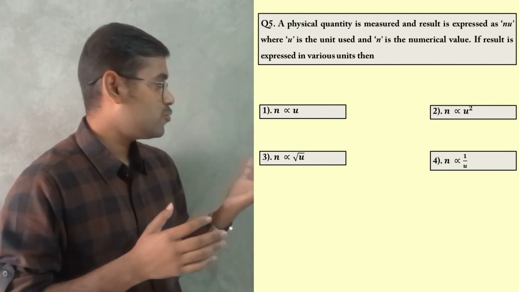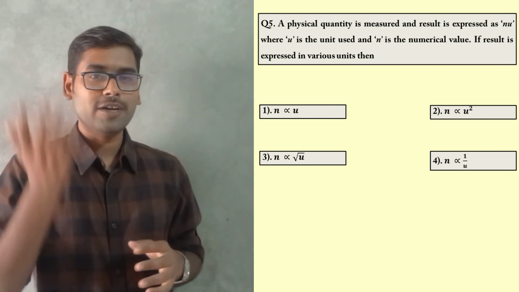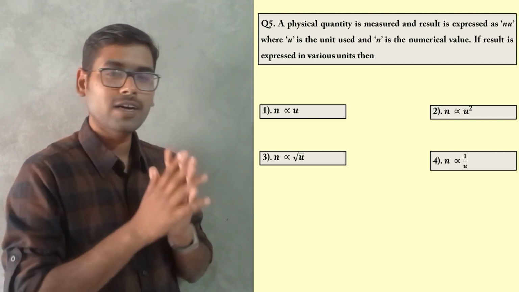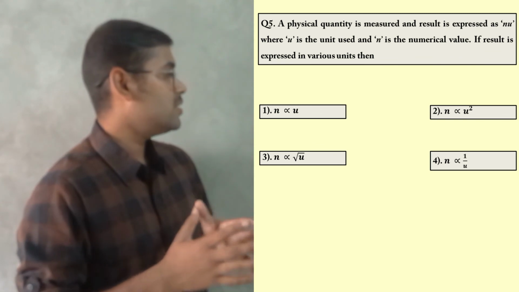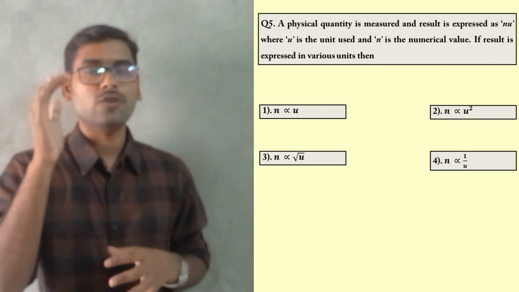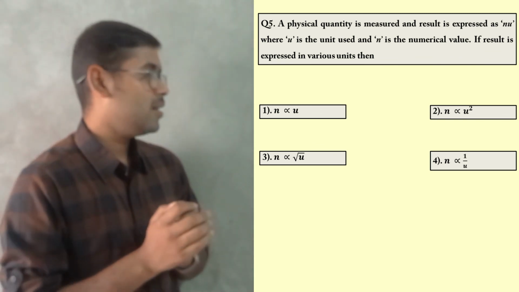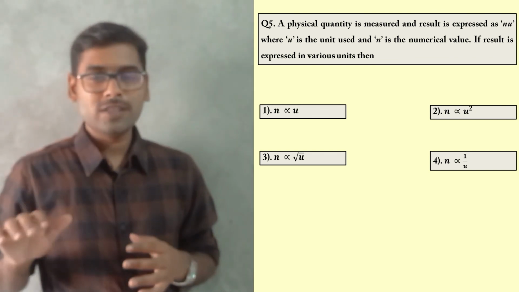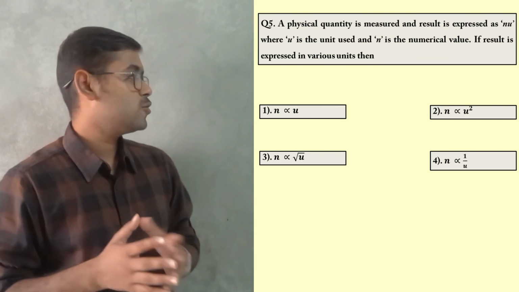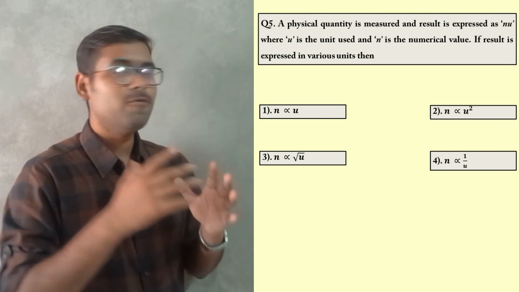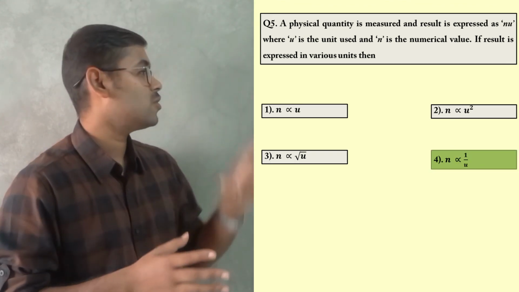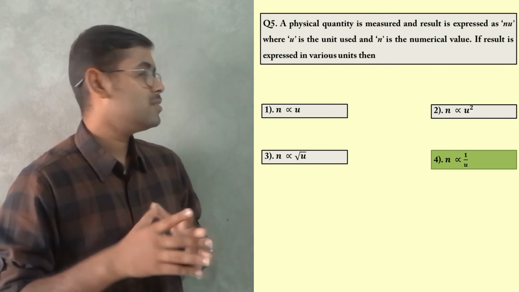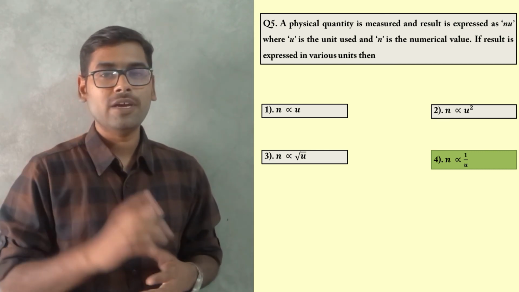In third option also they are saying the same thing, bigger the unit, higher will be the numerical value. Again, this is also wrong option. So if you go to final option, that is N is directly proportional to 1 by U. Here they are saying that lower or smaller the unit that is used, higher will be the value of numerical value. So this is the right answer. So answer to this question is option number 4, that is N is directly proportional to 1 by U.